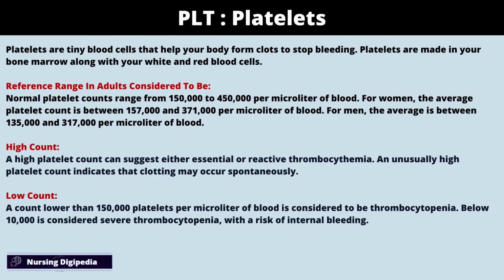PLT stands for platelets. They are tiny blood cells that help your body form clots to stop bleeding. Platelets are made in your bone marrow along with your white and red blood cells. Normal platelet counts range from 150,000 to 450,000 per microliter of blood.